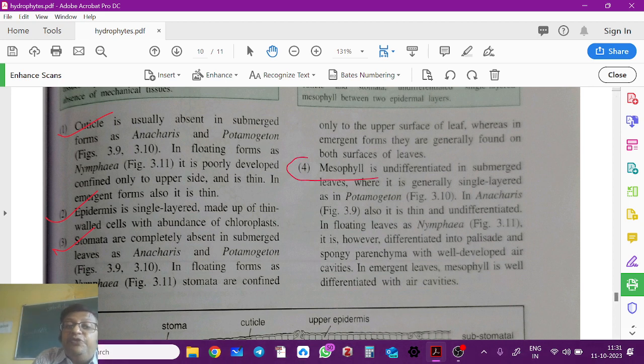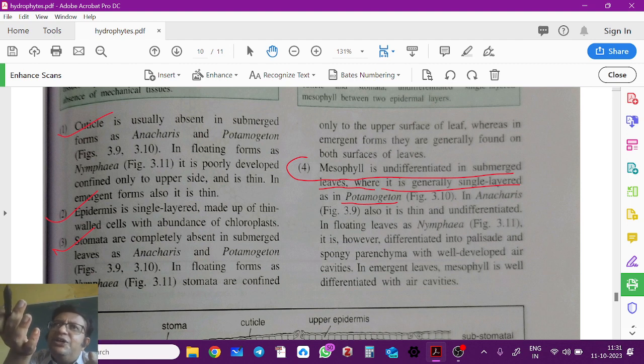The leaf mesophyll tissue is undifferentiated in submerged leaves, whereas it is single layered in Potamogeton. It's a type of plant. Undifferentiated. Why do leaf cells need to differentiate when water is coming, light is coming, and they are taking dissolved carbon dioxide? What is the requirement? No requirement.